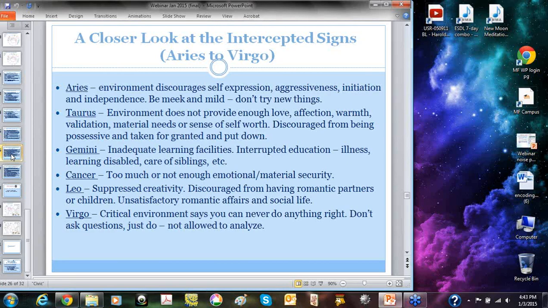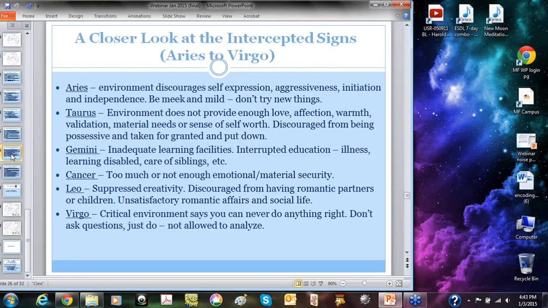Taurus we know is about warmth and affection, materialism, to feel confident and have a sense of self-worth. Well, again, that is discouraged, and therefore there isn't that comfort level with all of those things. One can feel put down, can take things personally, being possessive of what they have, and so on.